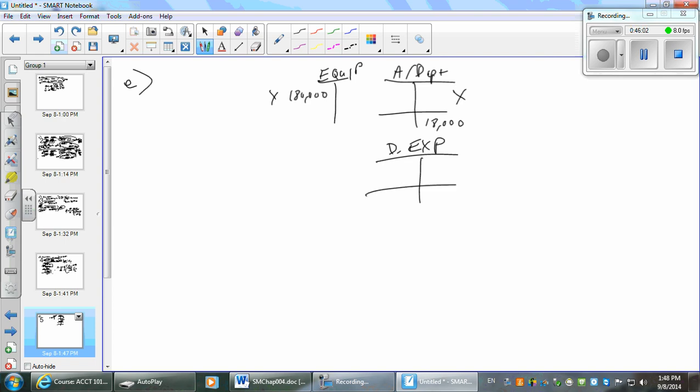So I want this to have 18,000 in it. Right now it has nothing. What am I going to do? Credit accumulated depreciation by 18, debit depreciation expense by 18. Whoops, yeah. So depreciation expense debit. Debit for 18,000, credit accumulated depreciation for 18,000.